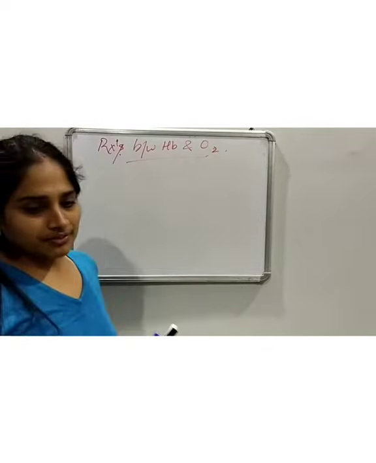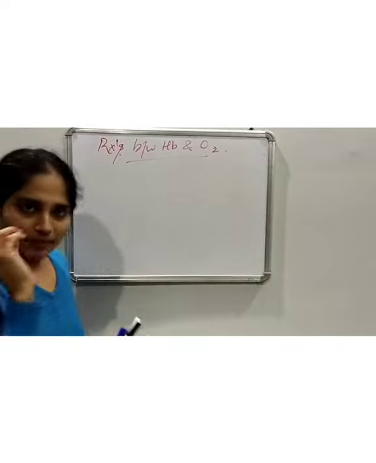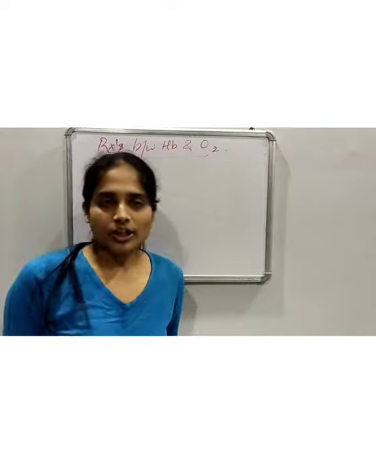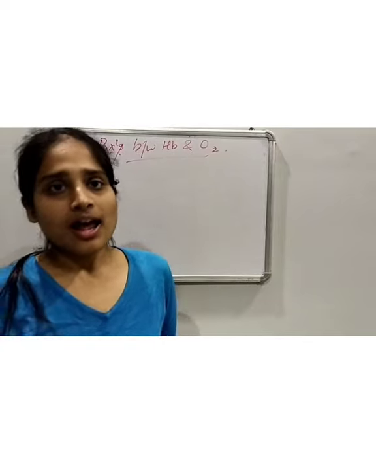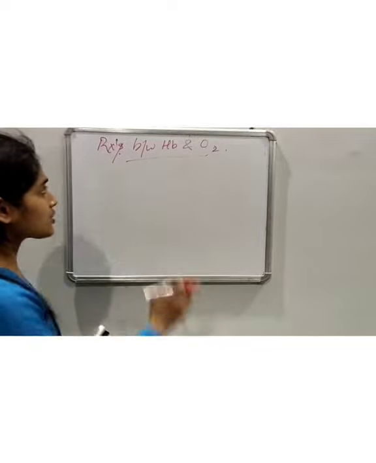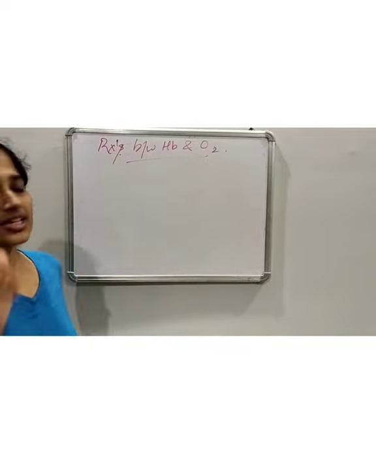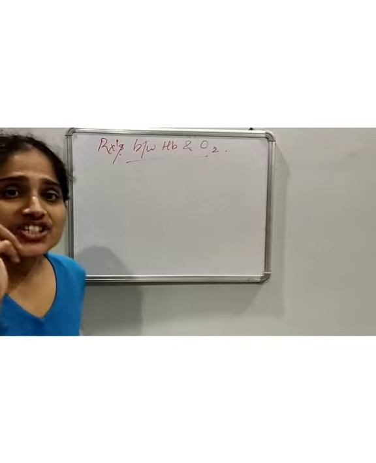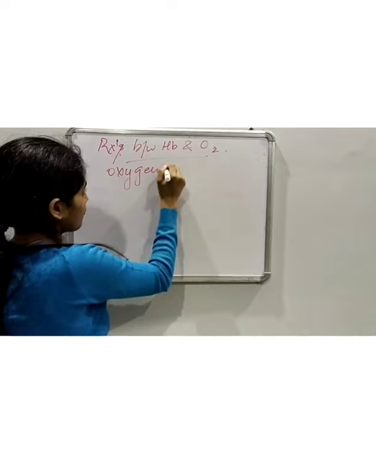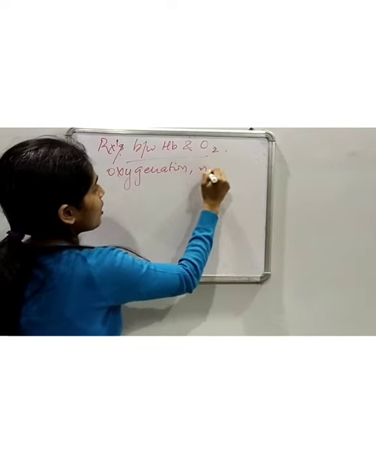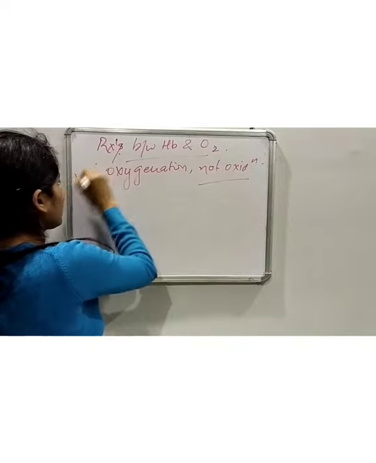Alright, so for the reaction between oxygen and hemoglobin, please make a note that although the addition of oxygen to any molecule is oxidation, the reaction which occurs between hemoglobin and oxygen is not an oxidation reaction, it is an oxygenation reaction. So it is oxygenation of hemoglobin and not oxidation. Please, it is a very important point.